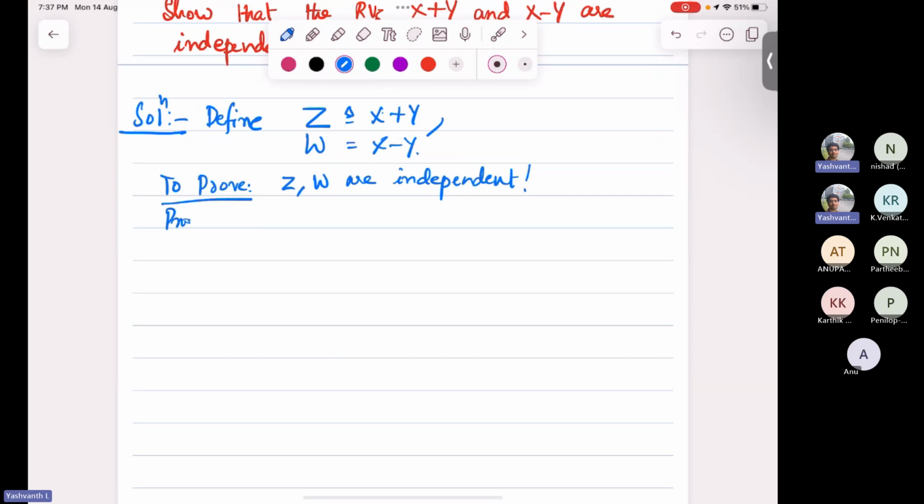Proof. Take any linear combination U equal to alpha Z plus beta W. Why am I taking this? Because if I want to show Z and W are jointly Gaussian, one way is to take a linear combination of the two random variables and show that for any linear combination, it is a Gaussian random variable. I'm taking one particular instance, alpha and beta, as linear coefficients.